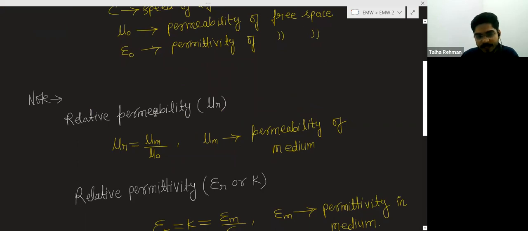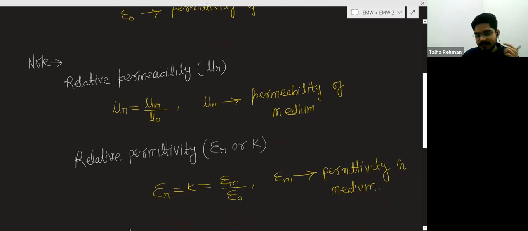Relative permeability is represented by mu r, and it is equal to the permeability in any medium divided by the permeability in air. Mu m is representing the permeability of the medium. In the same way, relative permittivity is represented by epsilon r or k.